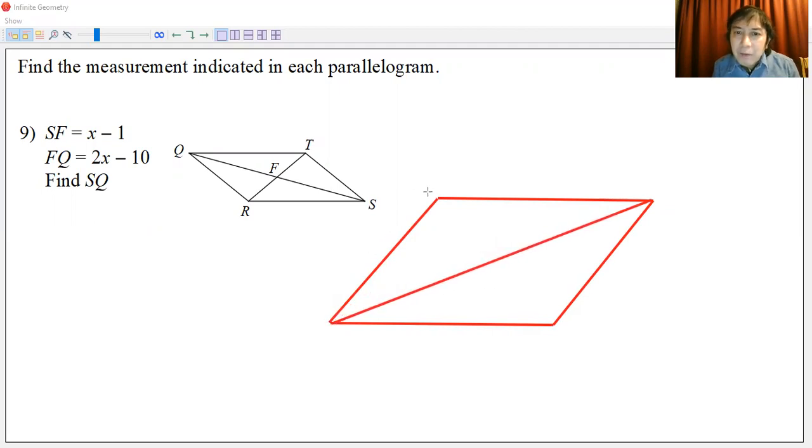Now this diagonal is divided exactly by the other diagonal at the midpoint. So what do we mean by that? This means this diagonal is divided into 2 equal parts there.